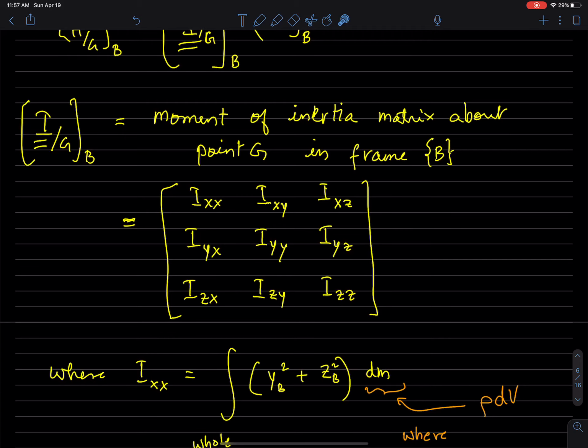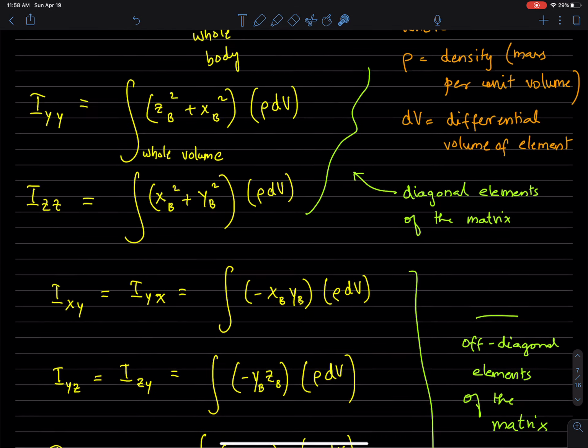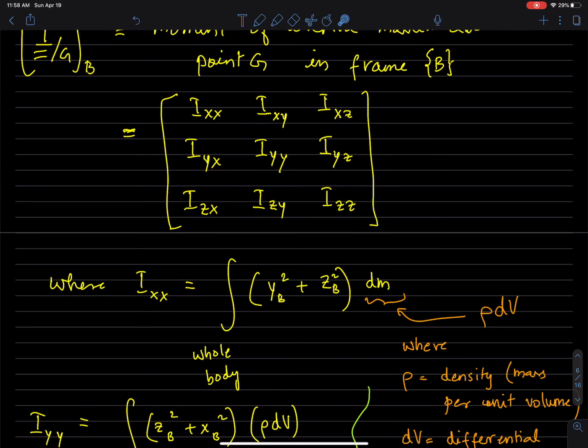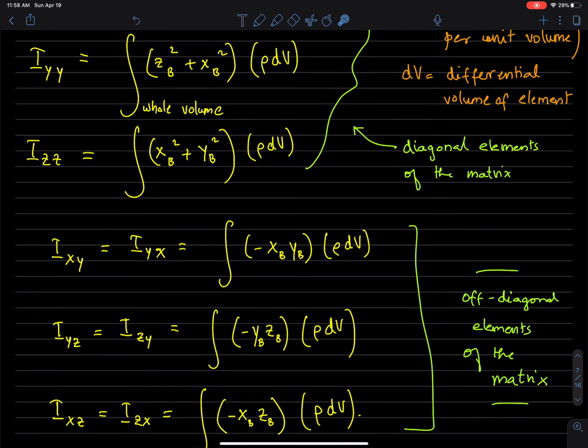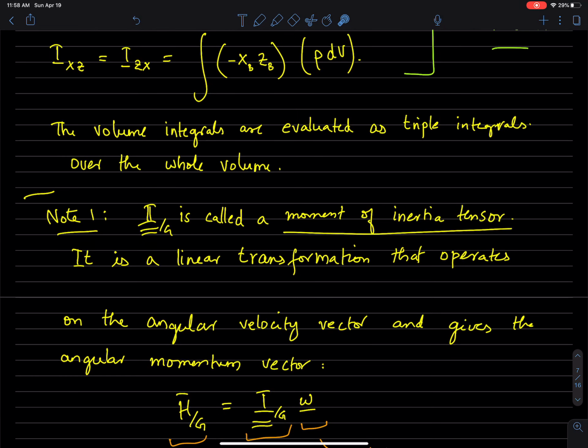So that's just an alternate convention that some books or people use. I tend to use this notation where the elements of the matrix itself don't have any negative signs, and then we have a negative sign in the off diagonal elements definition.